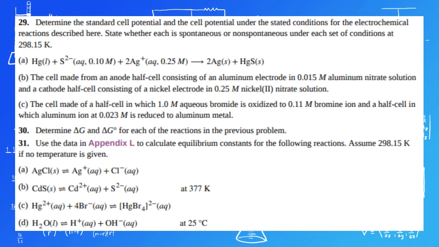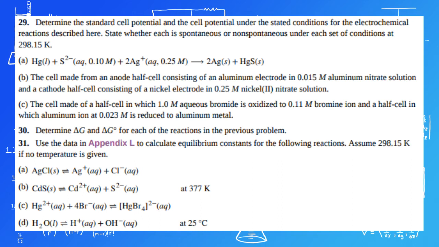Okay, so again, more of the same. You look up the reduction potentials of the aluminum and nickel 2 ions. It looks like nickel 2 gets reduced all the way to solid nickel, while aluminum metal gets oxidized to aluminum ion.